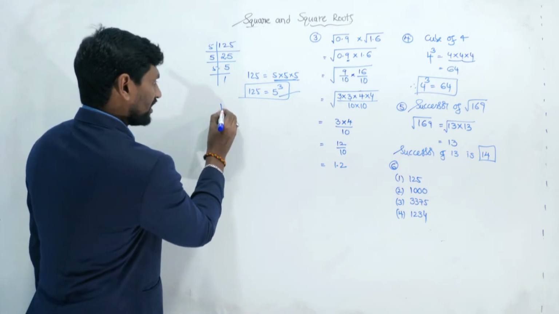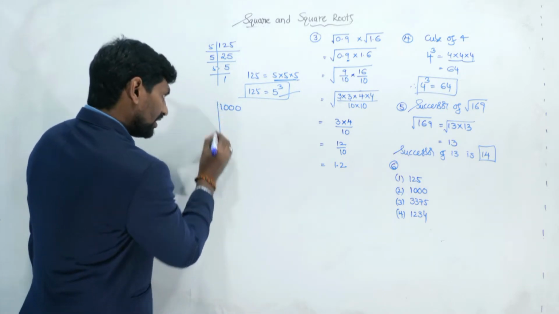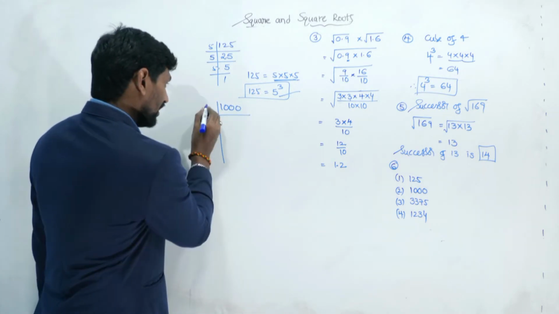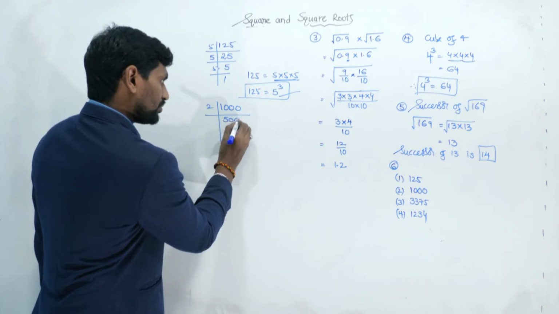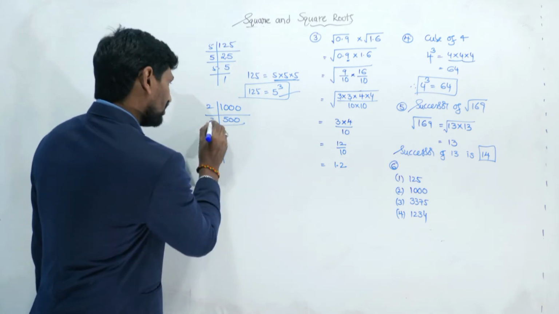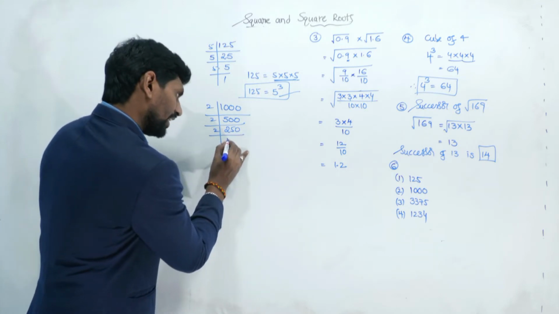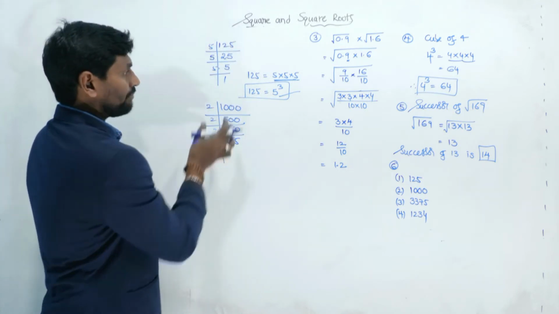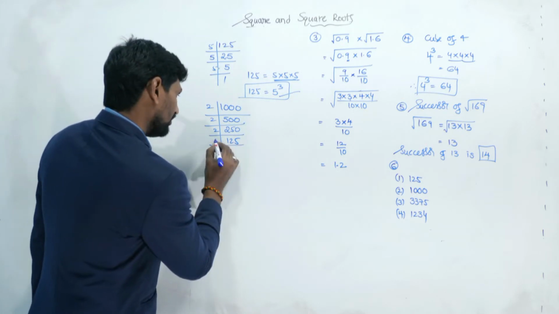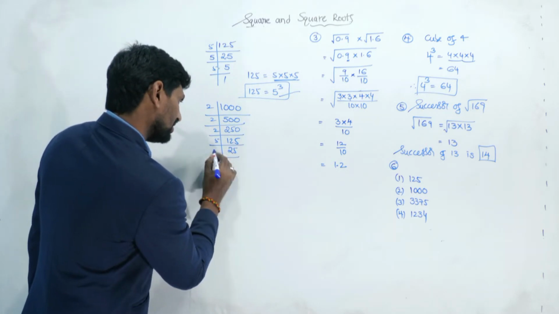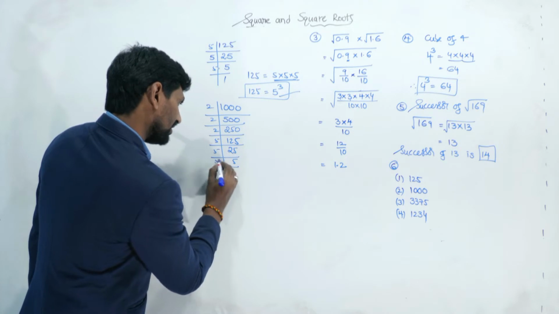Let us take 1000. Do prime factorization. 2 5s are 10, so 2 500s are 1000. 2 into 250, 500, again 2 into 125, and 125 again gives 5 three times.